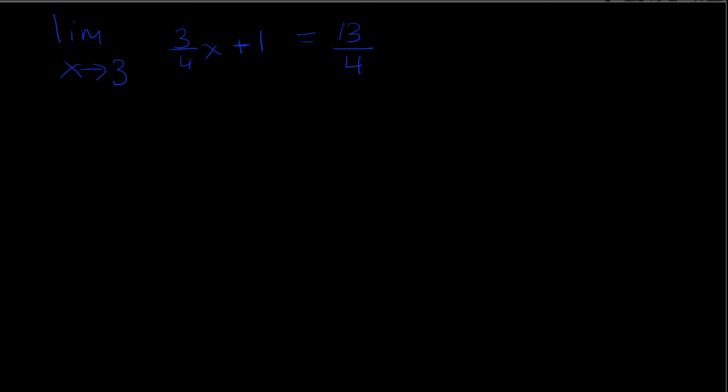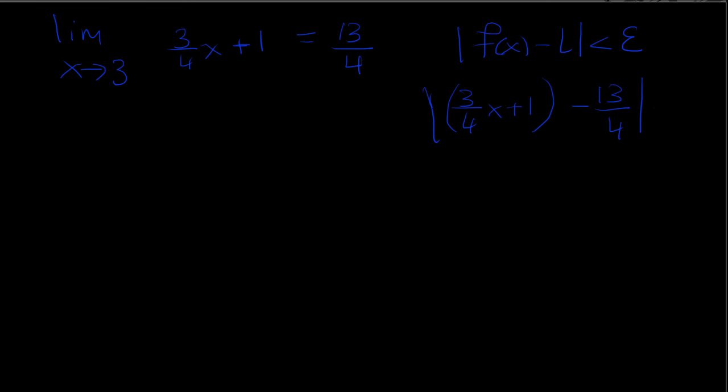Okay, so that's our limit. Now I'm going to start again with |f(x) - limit| less than epsilon. My function is 3/4 x plus 1. My limit is 13/4. And that's going to be less than epsilon.